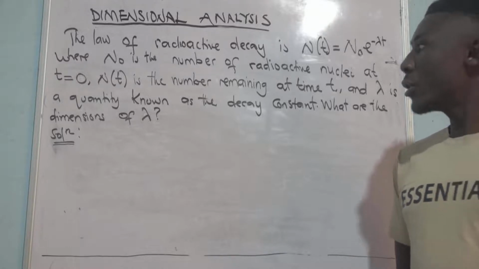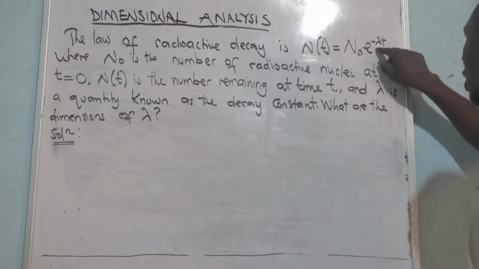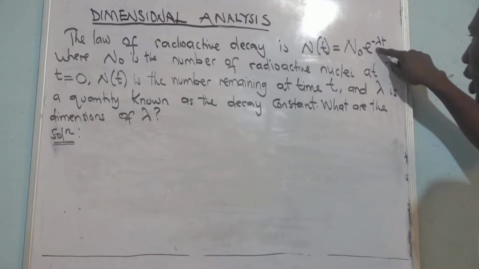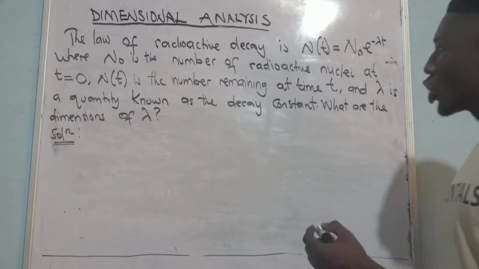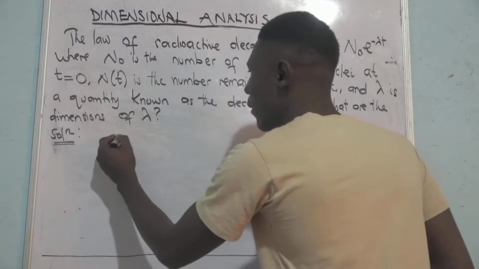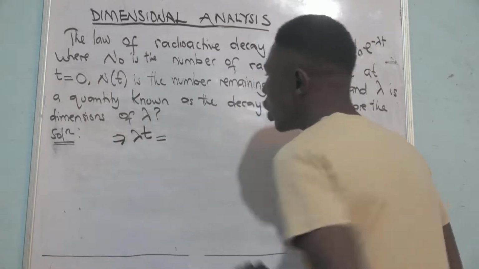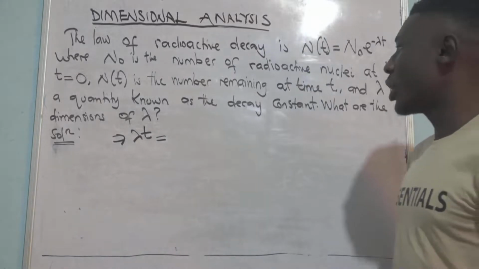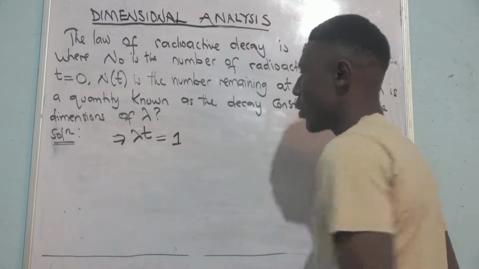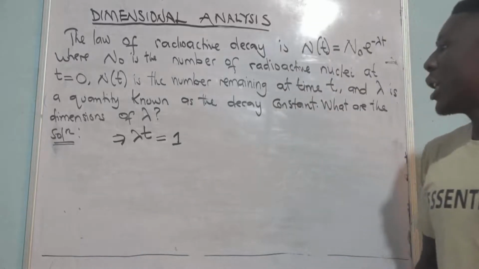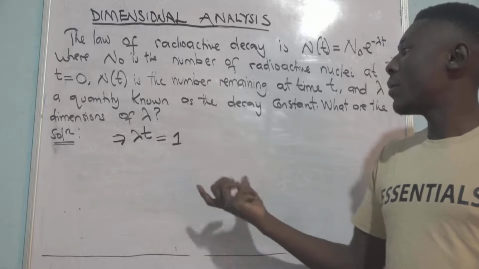So looking at this one, since lambda is simply a decay constant, and a constant has no dimensions, it implies that lambda multiplied by t is equal to a constant which has no dimension. So we say lambda multiplied by t is simply equal to 1, because 1 has no dimensions.